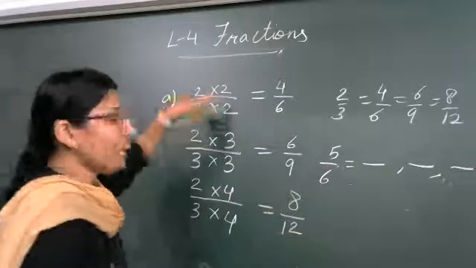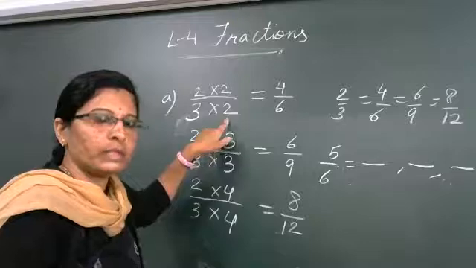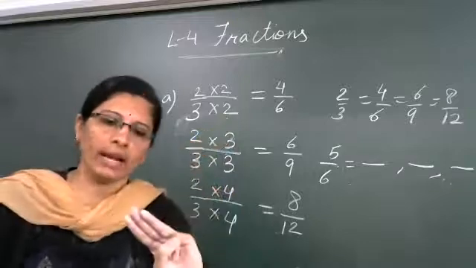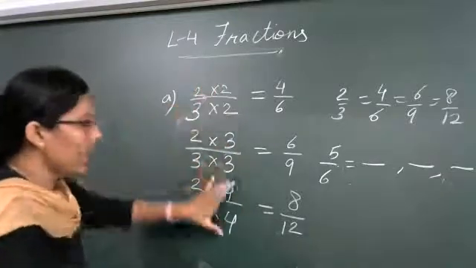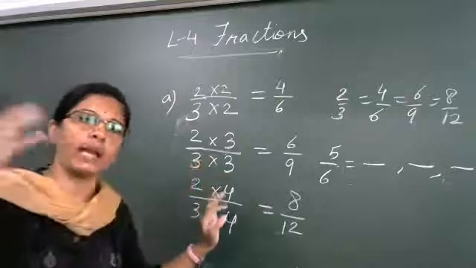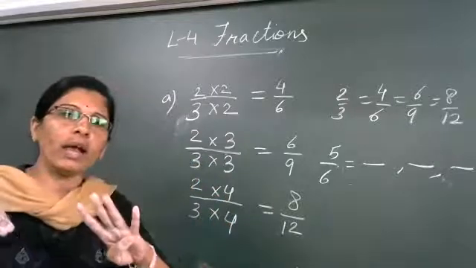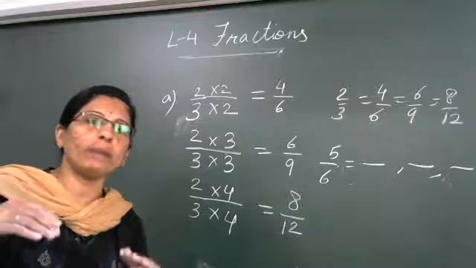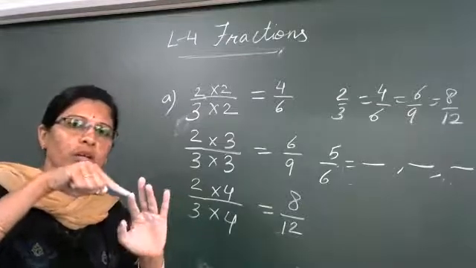If we have to find 3 equivalent fractions, then we multiply 3 times, with 2, 3 and 4. If we have to find 4 equivalent fractions, we multiply with 2, 3, 4, 5.